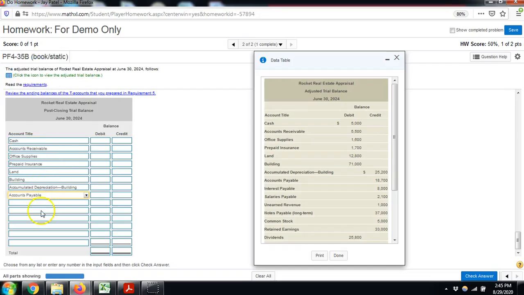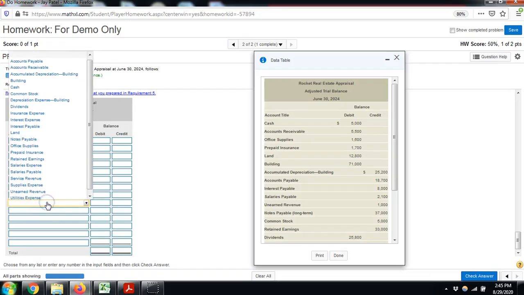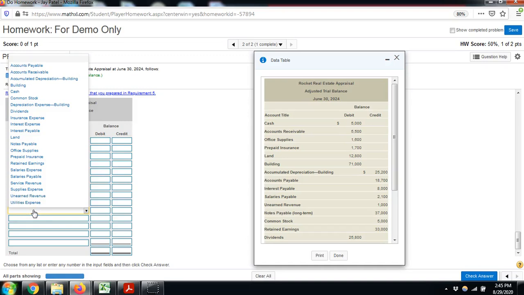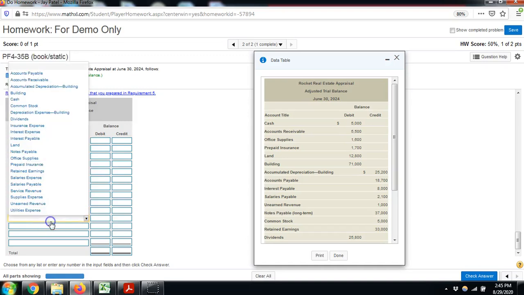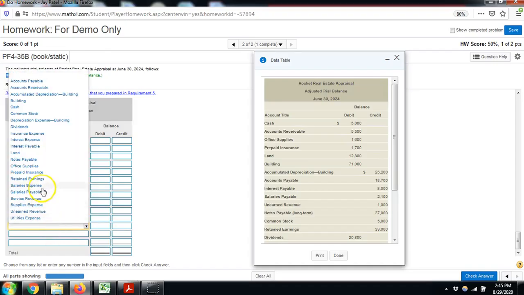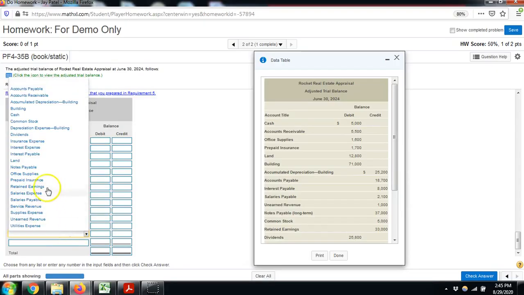So we have all the assets. Now we're doing the liabilities. And finally, the equity.